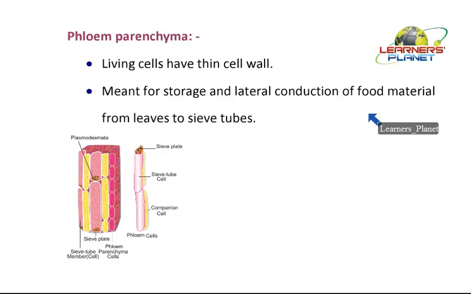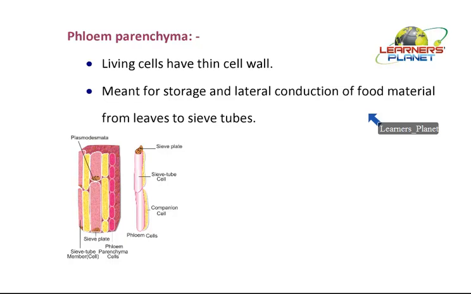Actually, the parenchyma associated with the phloem tissue is supposed to provide energy and the raw material for the maintenance of the sieve tube, and for the maintenance of the phloem tissue itself. So for this structural integrity maintenance, they are storing the material.